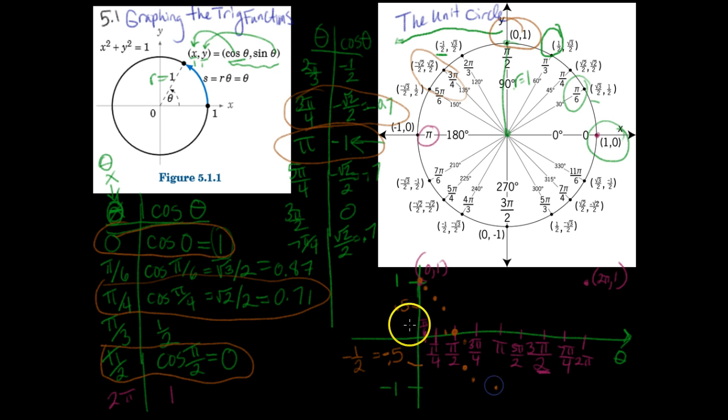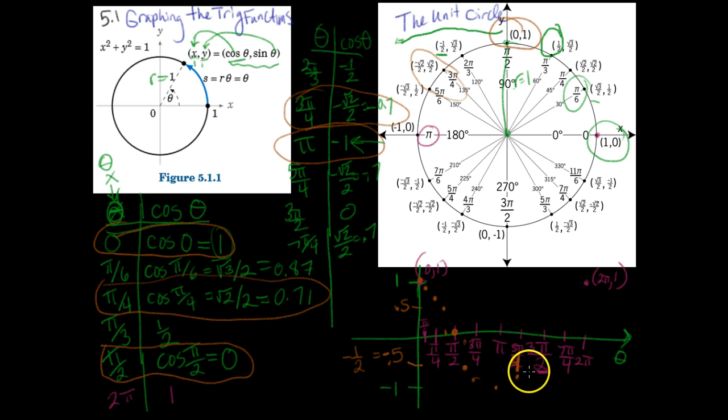Pi is -1. Okay, so then if we move on, we've got 5 pi over 2, which we decided was, whoops, I think that's 5 pi over 4 actually, not 5 pi over 2. So 5 pi over 4, we're going back up. That's around -0.7. See how that's equal across?